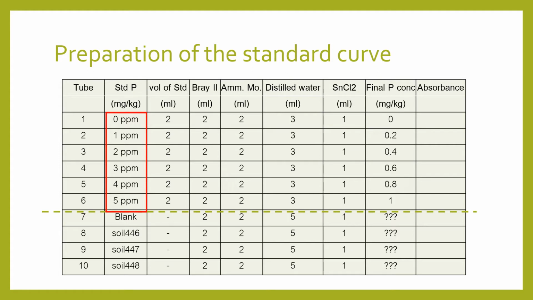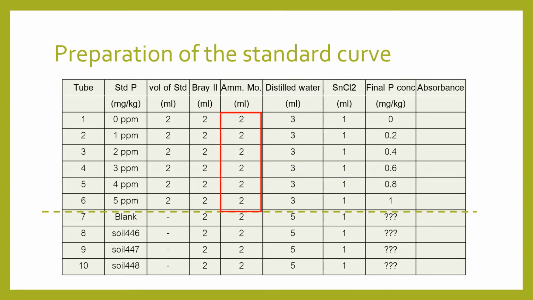Then put 2 ml of each concentration of phosphorus standard into a test tube. Then add to each tube 2 ml of the extraction solution, which is fresh Lab2.